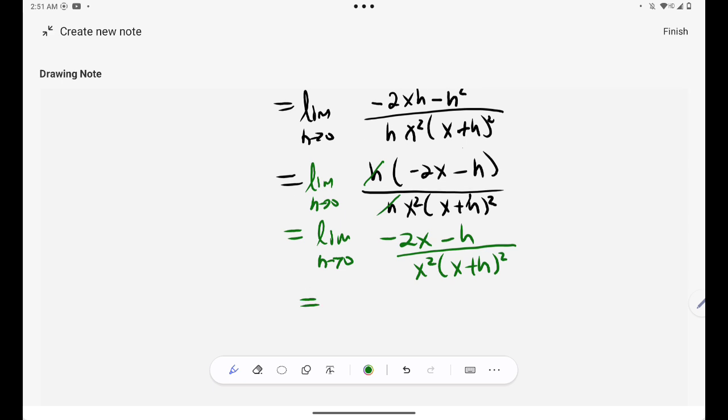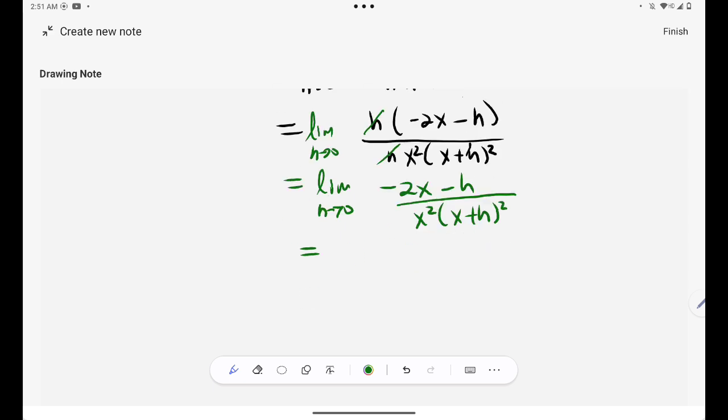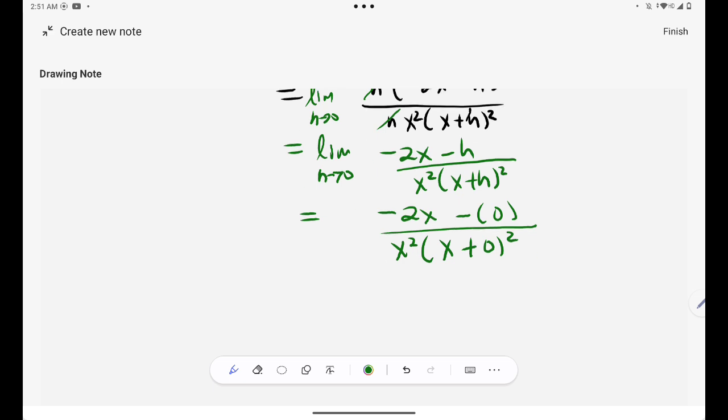Whenever I see h, I can put 0 there. So I'll have negative 2x minus 0 over x squared times (x plus 0) squared. Please note that since I substituted 0 as my h, I didn't write limit as h approaches 0.